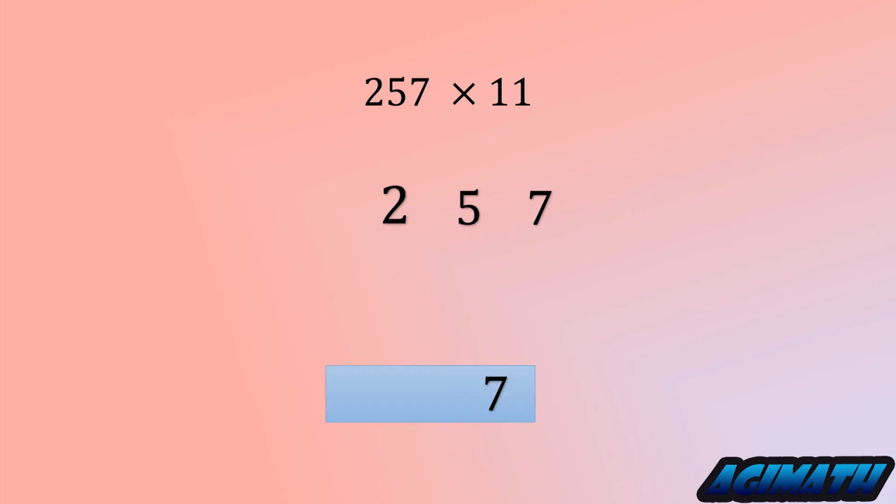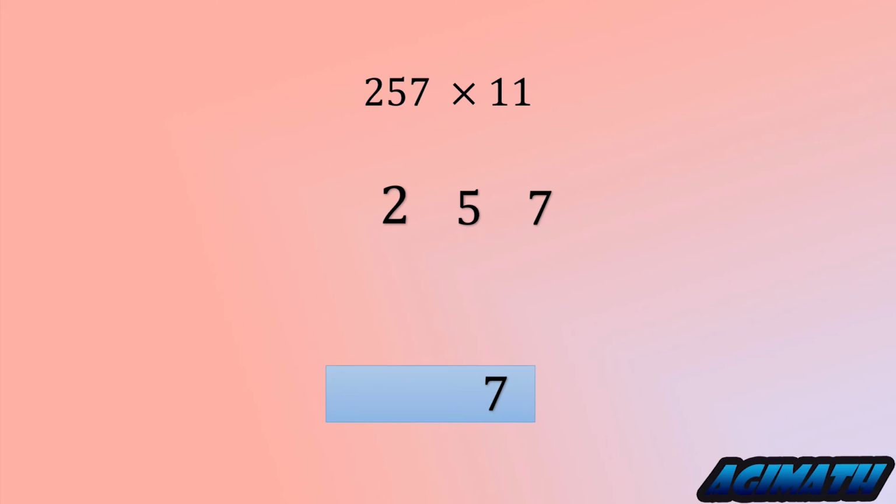Then lastly, what if? This is another possible case. 257 times 11. I break down the digits into 2, 5, and 7. Then still, we are going to follow the steps. We write down the last digit, which is 7.